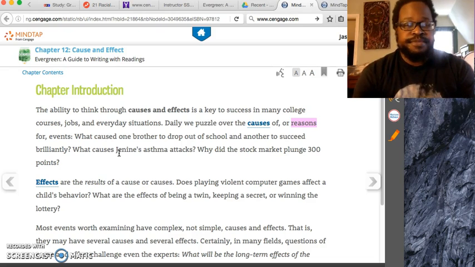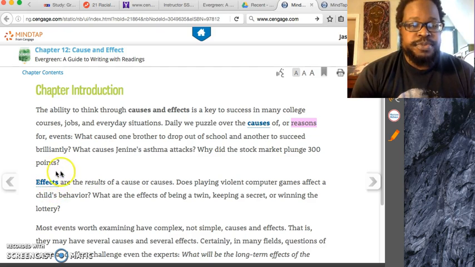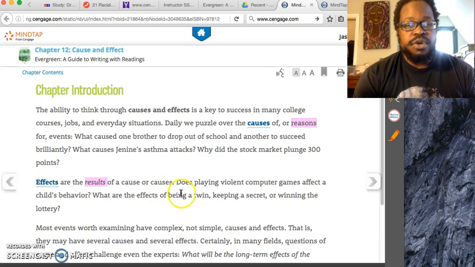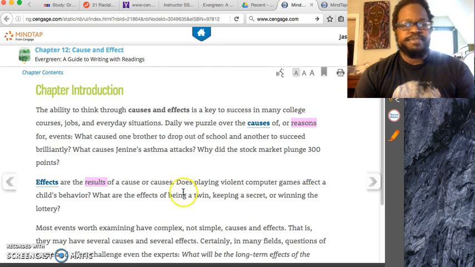But some of you might want to take a slightly different approach and look at what your book has to say about effects. Effects are the results of a particular cause or causes. Does playing violent computer games affect a child's behavior? What are the effects of being a twin, of keeping a secret, of winning the lottery? Right?